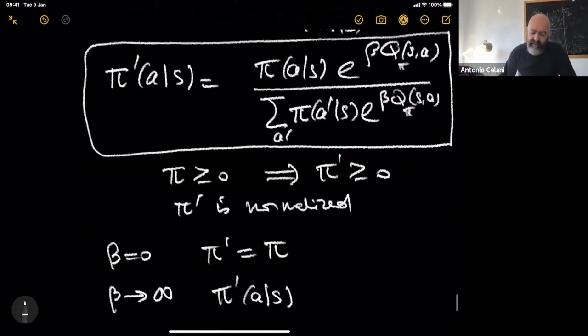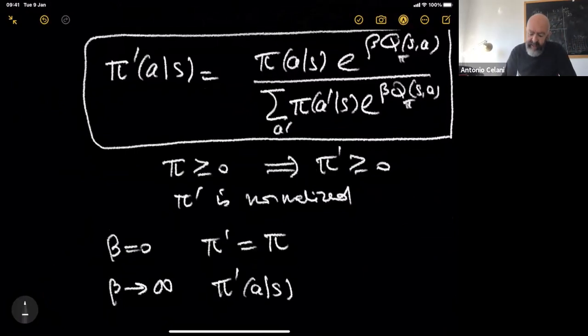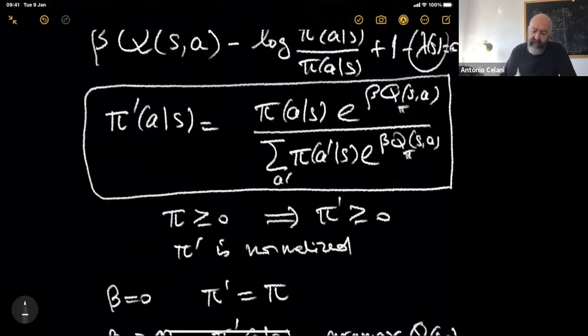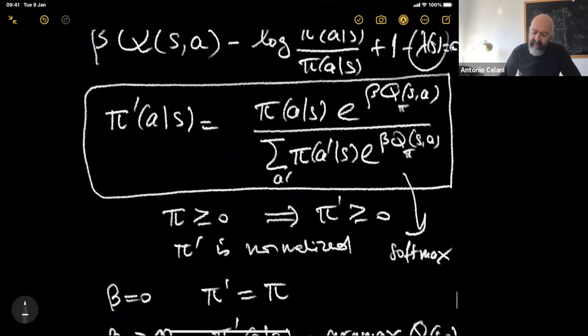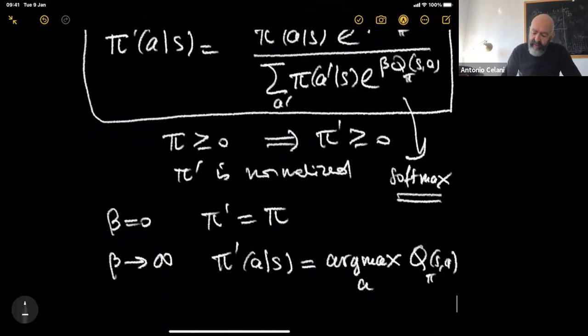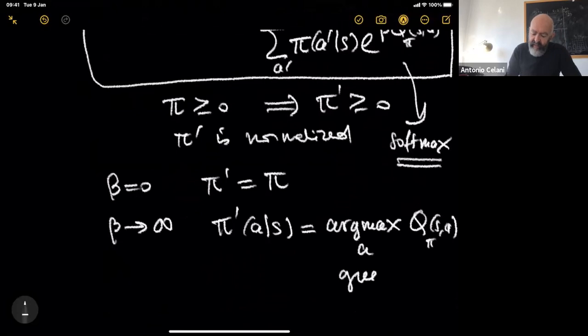So this object on the left-hand side becomes the argmax over A of Q pi S A. In fact, you can think of this function as a so-called softmax. It's a way to take the maximum but soften it. But this is the greedy strategy.